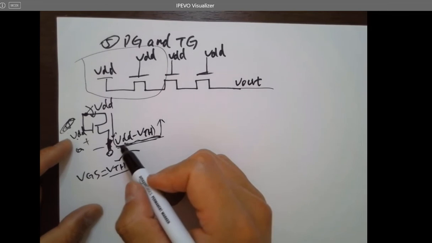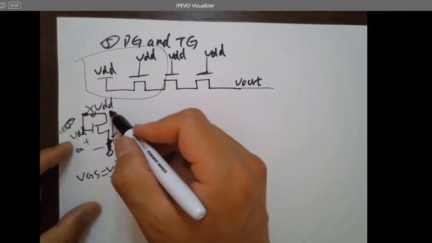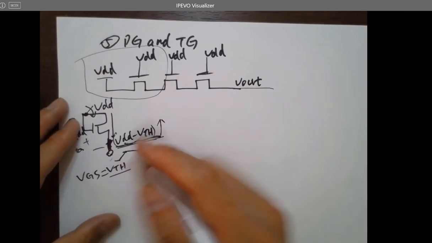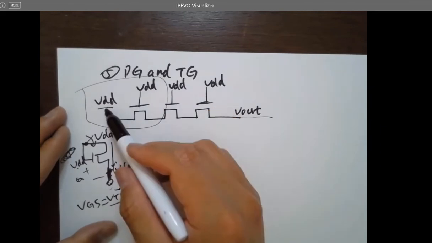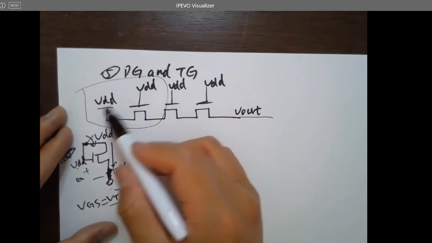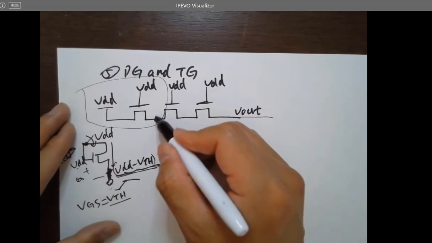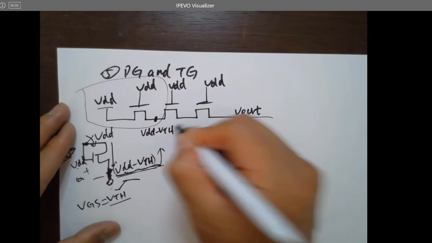We cannot increase anymore from this point. So that's the maximum voltage you can pass from one side of the NMOS to the other side. In this case, these two have the same voltage. You can consider these gate-drain connected. It's a diode connection for the NMOS. So the maximum voltage that can be passed to this point will be VDD minus VTH, no problem.